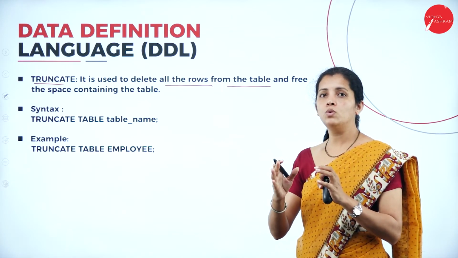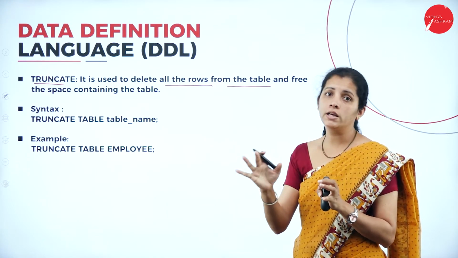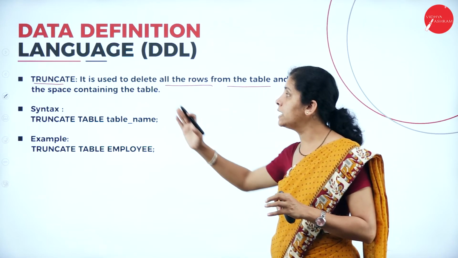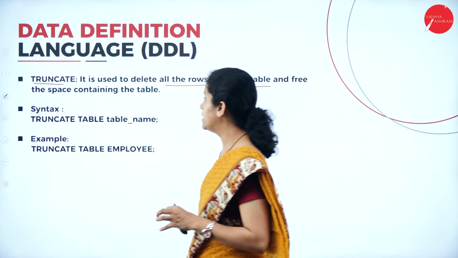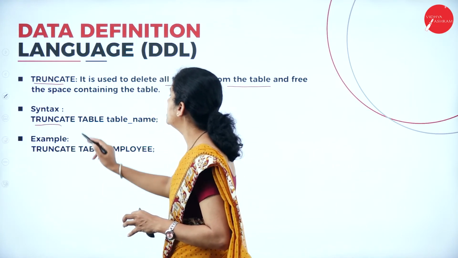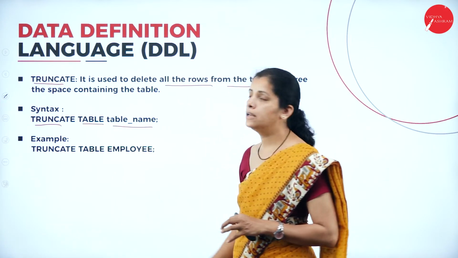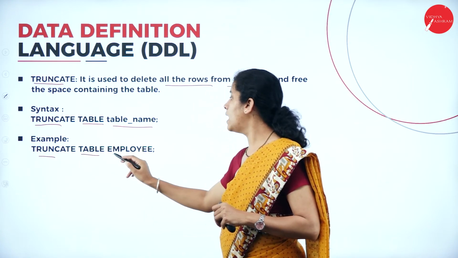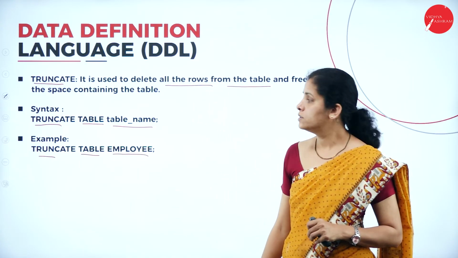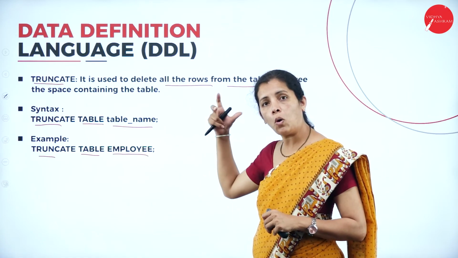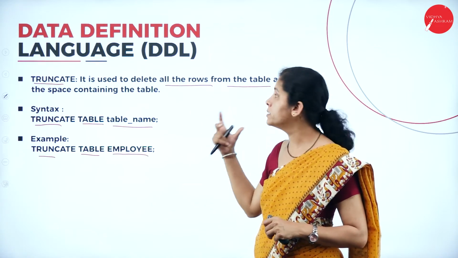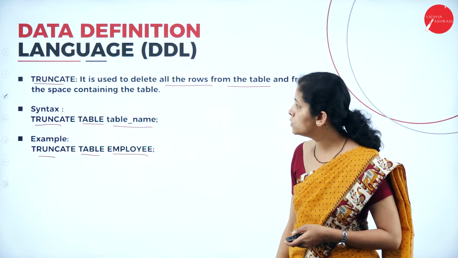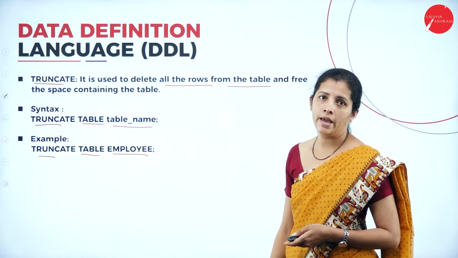I just want to remove all the records or all the rows from the table. At that time, I'm going to use truncate. So here, truncate table and table name. Example, truncate table employee. So I'm going to remove all the rows from the employee table in order to free the space.